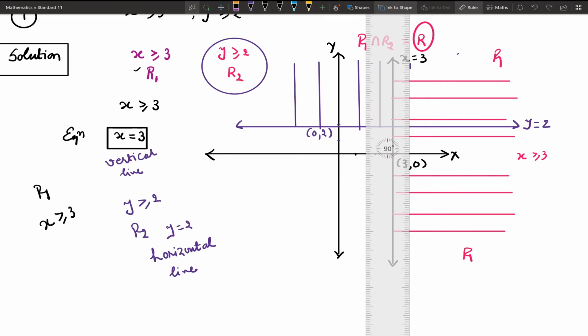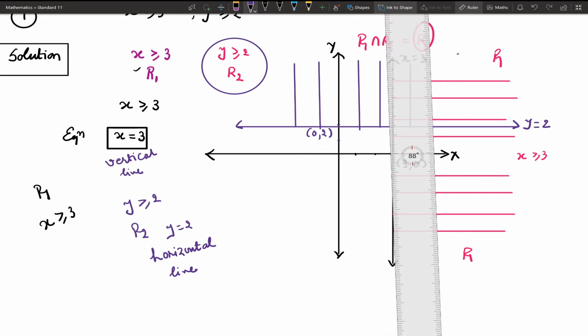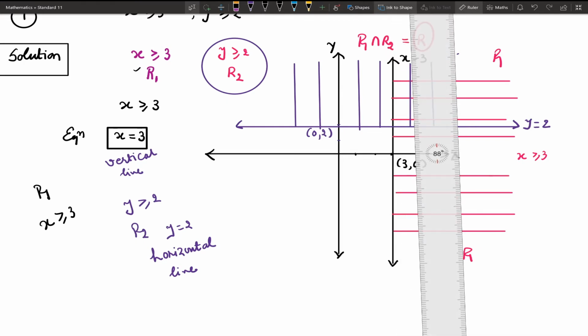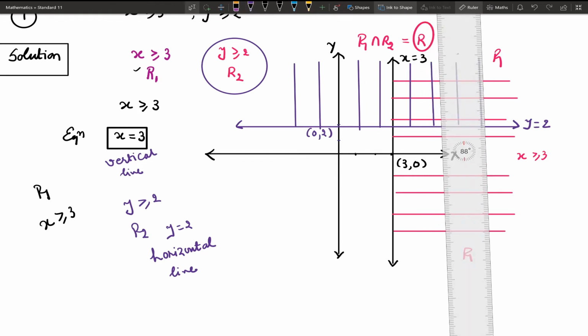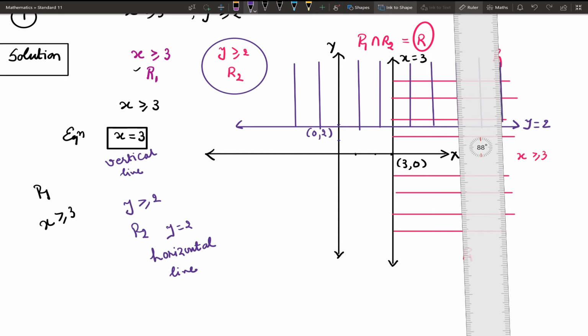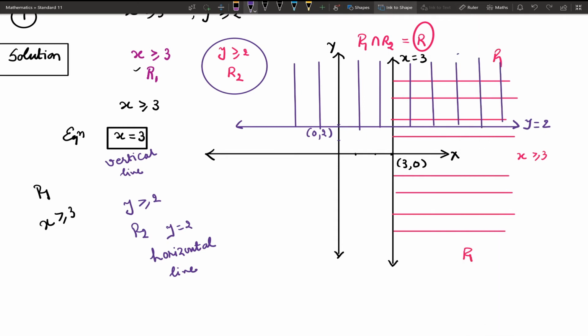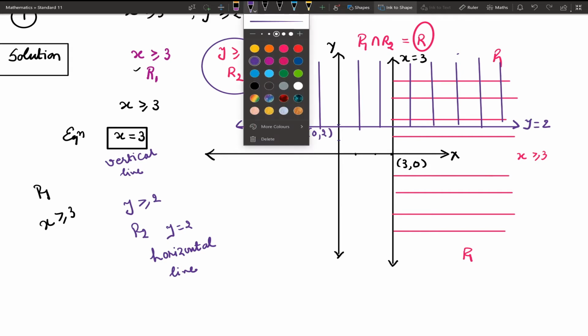Now you observe that this part is common to both, so the common portion will represent the solution. So this is our region R2. Now you can observe R1 intersection R2, that is the common portion.